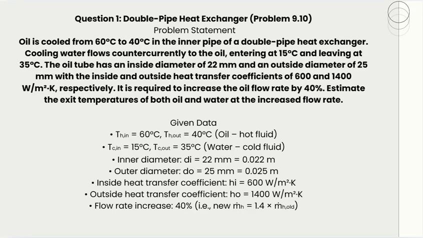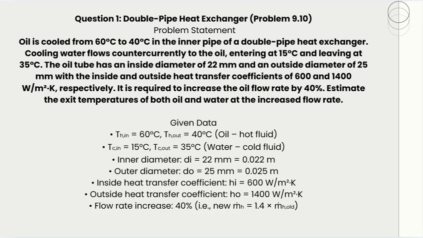The first question says oil is cooled from 60 degrees to 40 degrees Celsius in a pipe of a double pipe heat exchanger. The cooling water flows countercurrently to oil with inlet temperature as 15 degrees Celsius and outlet as 35. The oil tube has inside dia of 22 mm and outside dia of 25 mm with inside and outside heat transfer coefficients given as 1600 and 1400 watt per meter square Kelvin respectively.